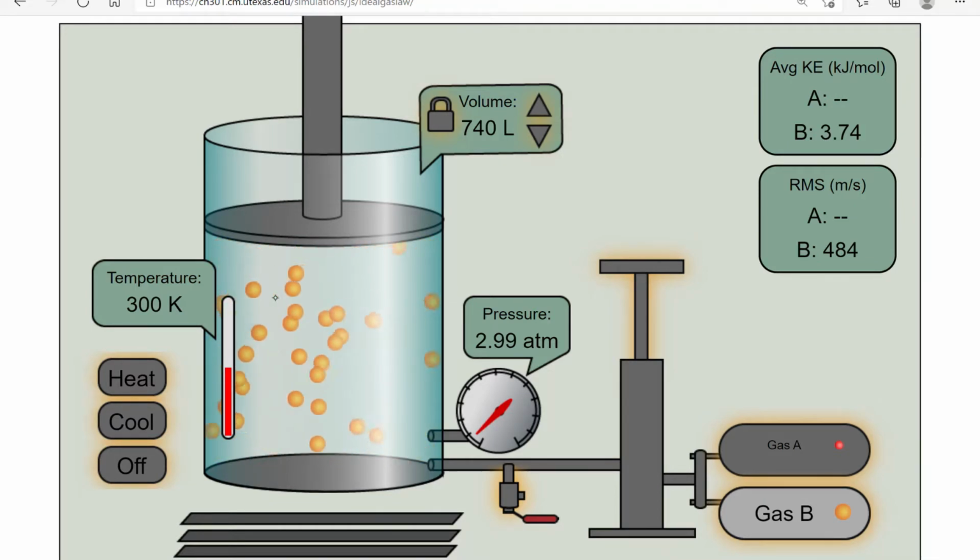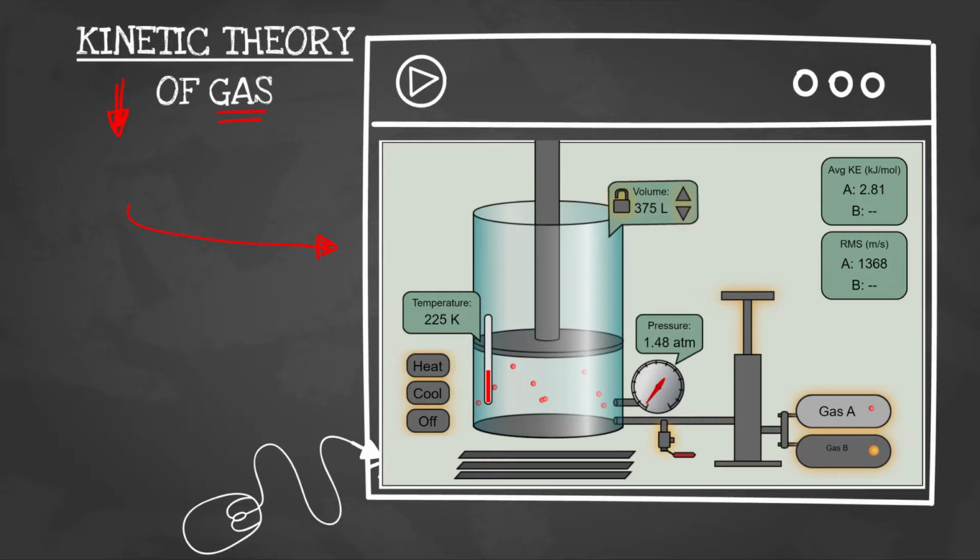Temperature pun decrease, pressure pun decrease sebab dia punya collision dengan wall ni dah tak banyak. Frequency of the collision dah tak banyak. Okay, that's what happen untuk gas law. Ni gas punya behavior. Temperature, dia effect dia punya average kinetic energy. The higher the temperature, the higher the average kinetic energy.